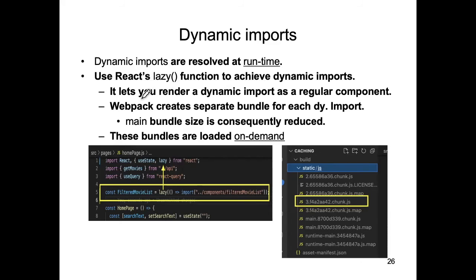Now, as a result of using this dynamic import coding style, in other words, using this function here, and this is really where we're getting at, Webpack will create separate bundles for each dynamic import. So if you've got 10 dynamic imports, you will have 10 separate bundles associated with your custom code.